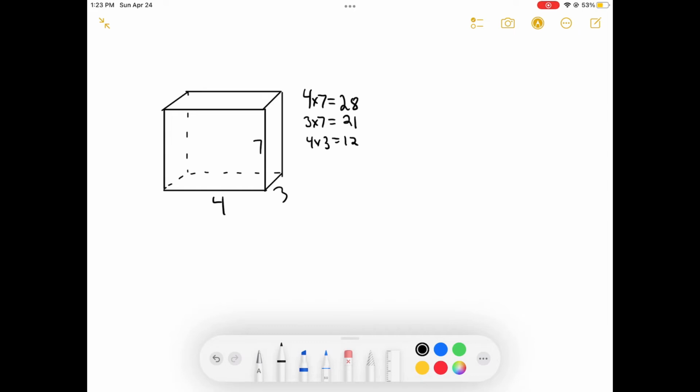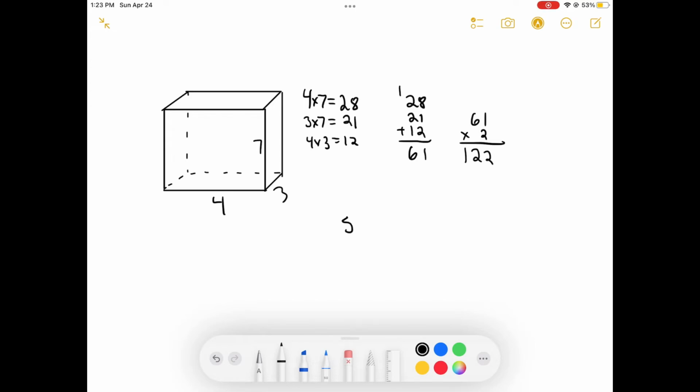So we have 28 plus 21 plus 12. Okay, so 8 plus 1 plus 2 equals 11. Carry the 1. 1 plus 2 plus 2 plus 1 equals 6. Now we're going to do 61 times 2, which equals 122.